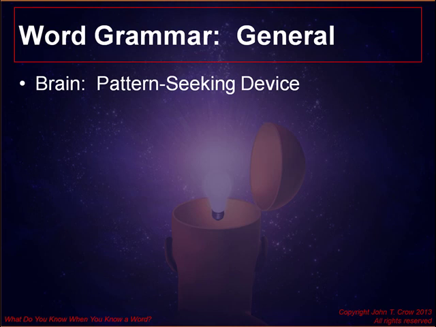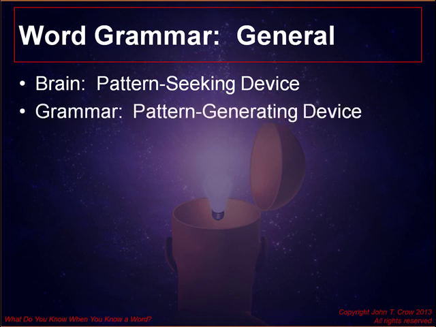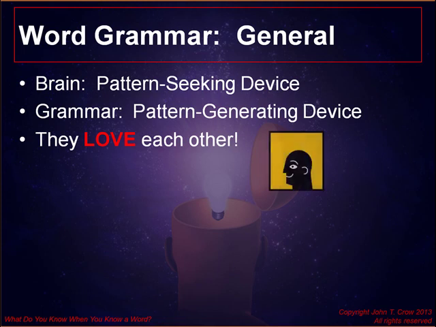Now, let's turn back to that list that we did at the beginning. Your brain is a pattern-seeking device. Grammar is a pattern-generating device. They absolutely love each other.